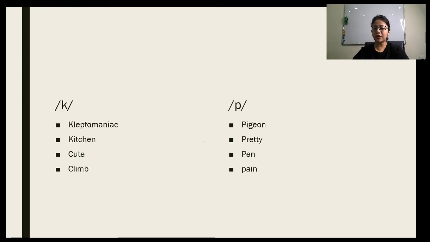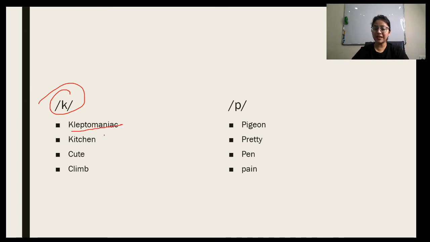Now, the next sound is a very interesting sound. The K sound, a lot of words which do not have the K as the beginning of the word do have the sound. Alright? So let's begin and look at these words. So the sound is K, K, kleptomaniac.